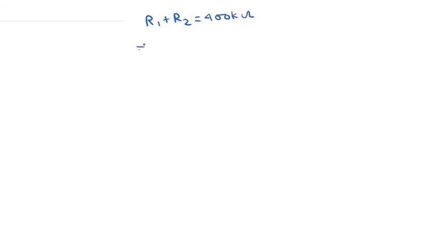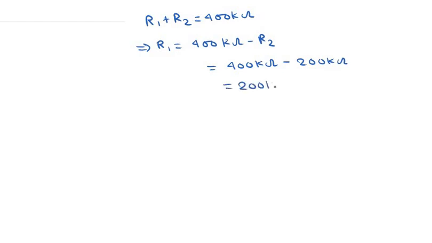R1 is equal to 400 kilo ohms minus R2, which is 400 kilo ohms minus 200 kilo ohms, equal to 200 kilo ohms. Okay, so this is the solution of our problem. We have all three resistors: R1 equals R2 equals 200 kilo ohms.